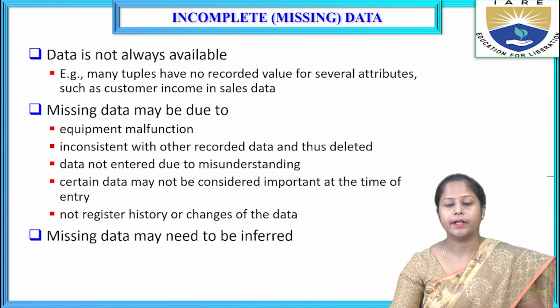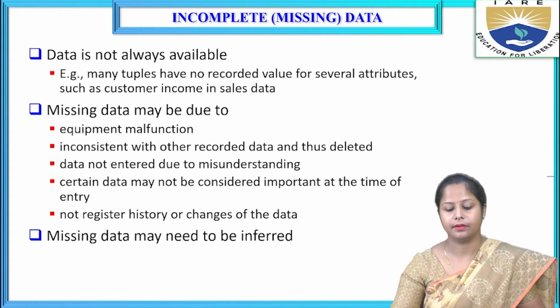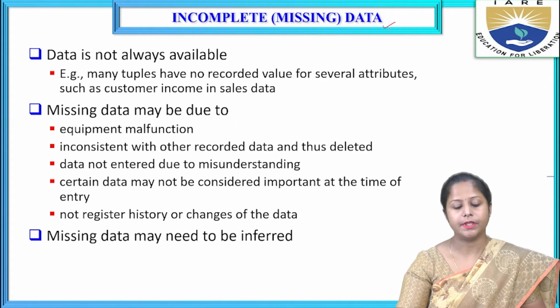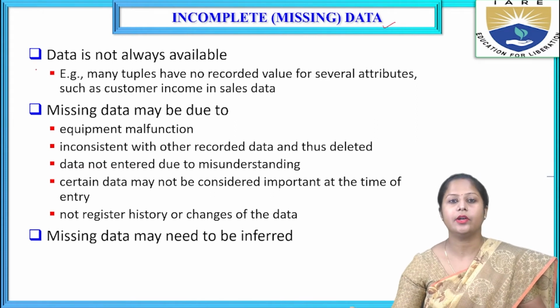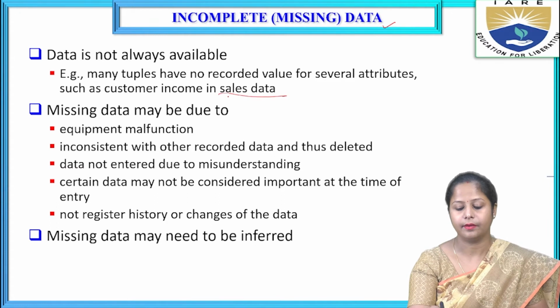We will go through all of this data one by one. Incomplete or missing data: the data is not always available. For example, many tuples have no recorded value for several attributes, such as customer income in sales data.